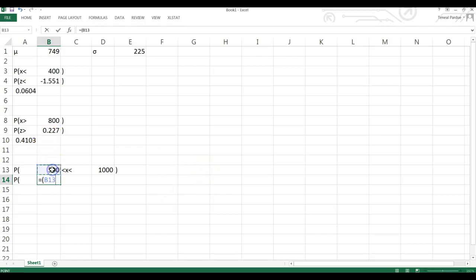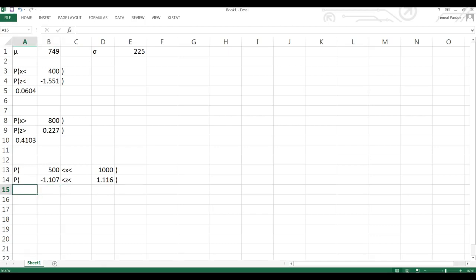So 500 minus the mean divided by the standard deviation there, and I'm going to do the same thing here. 1,000 minus the mean divided by the standard deviation. And now this is Z that we've done that conversion.